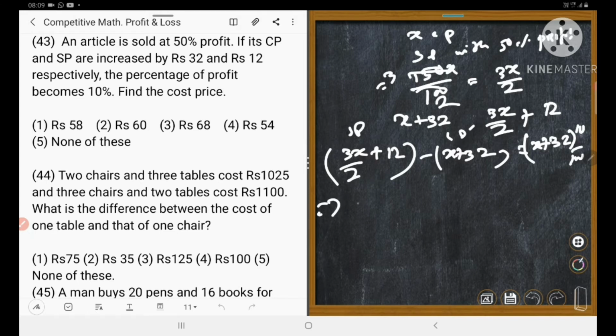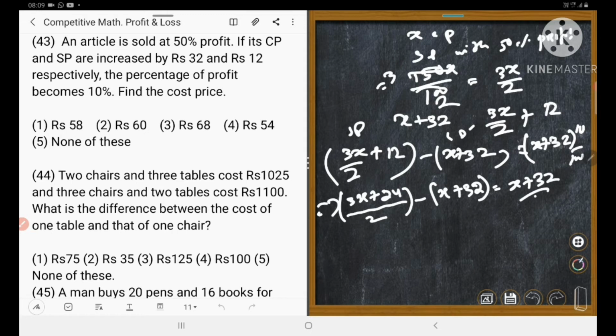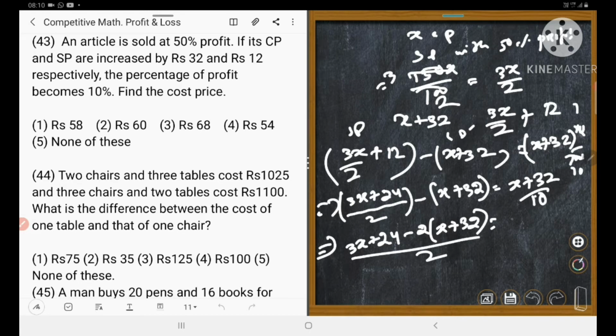Implies that, taking LCM 2, 3x plus 24 minus 2 into x plus 32, upon 2, is equal to x plus 32 upon 10.